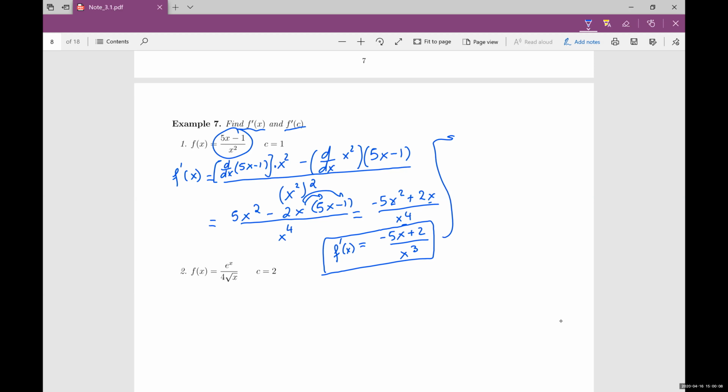All right, again, in order to find f prime of c, and c is 1, so f prime of 1 equals negative 5 times 1 plus 2, divided by 1 cubed, which is negative 3 divided by 1, which is just negative 3. So this is saying the slope of the tangent line of this function when x equals 1 is negative 3.